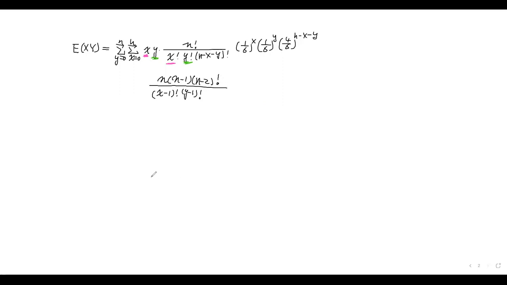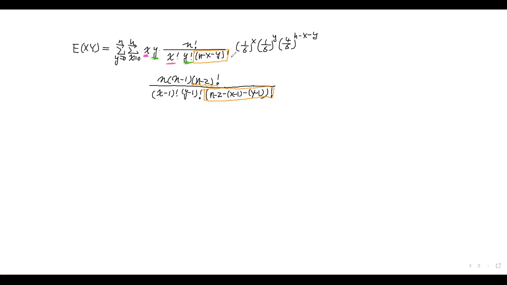Then let's change the last term, n minus x minus y. I can change it to (n minus 2) minus (x minus 1) minus (y minus 1), factorial. So that's why I want to have n minus 2 here.